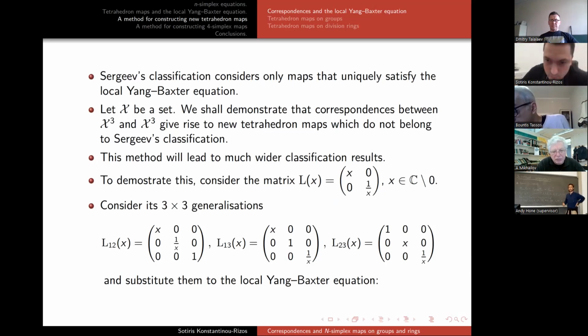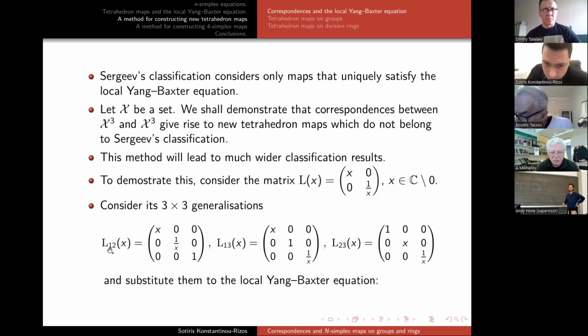We take this simple diagonal matrix with elements X and 1 over X, and consider its 3 by 3 generalizations exactly in the way we showed earlier. These elements sit on the intersections of the first and the second line with the first and the second column. This is L1.